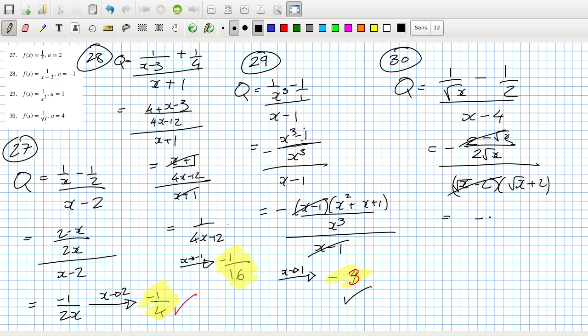So that's minus 1 over 2 root x over root x plus 2, which tends to, as x tends to 4, minus 1 over 2 times root 4, which is 2, over root 4, which is 2, plus 2. So that's minus a quarter divided by 4. So that's minus a 16th.